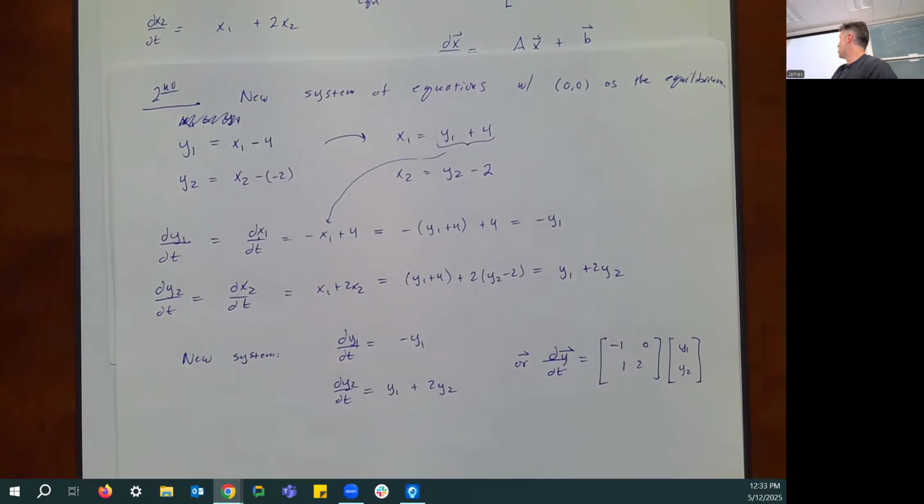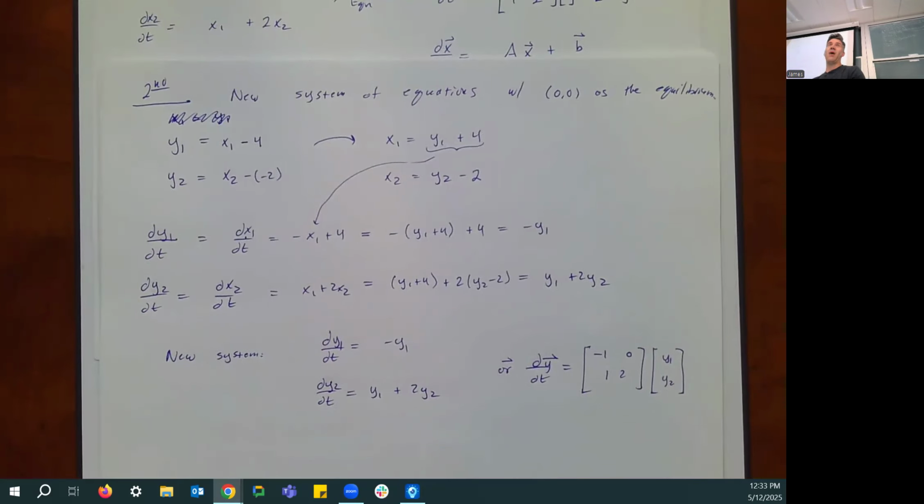So essentially almost the same system, except now we don't have the non-homogeneous part over there. This system has an equilibrium that is y1 equal to 0 and y2 equal to 0.